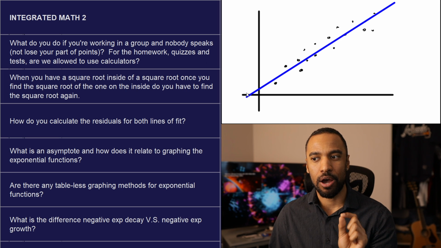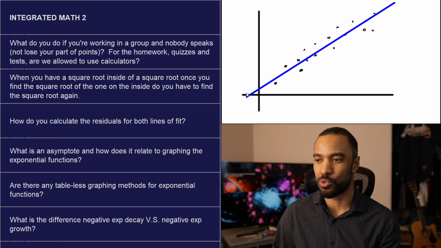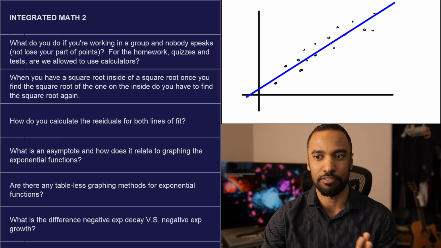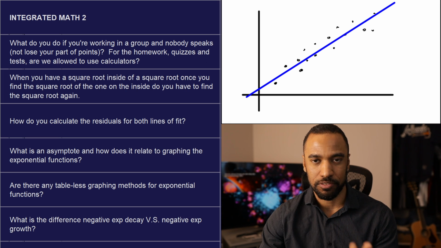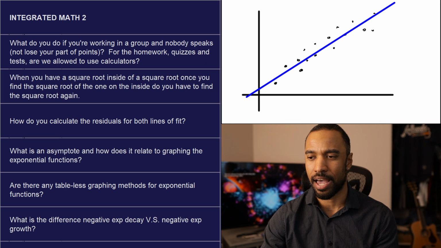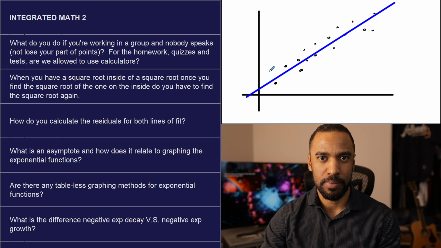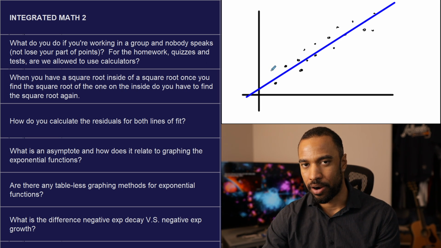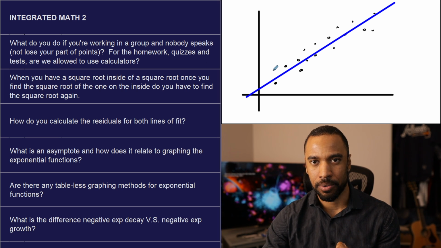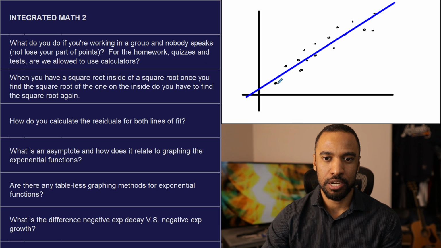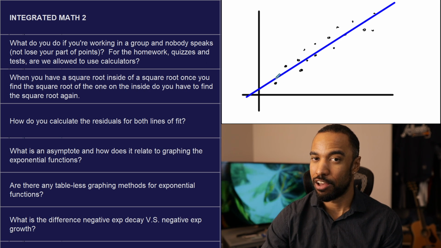Now, they're asking about residuals, and a residual would be an entirely different graph if you graphed it, but how do you calculate them? A residual basically just means the value error between an actual data point and your line of best fit.